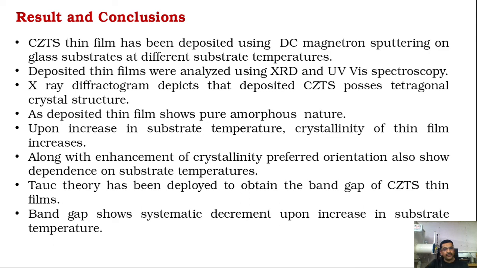The X-ray diffractogram depicts that the deposited layer possesses a tetragonal crystal structure, and the thin film deposited at room temperature shows a pure amorphous nature, but upon increasing substrate temperature, there is an increase in crystallinity of the thin film.